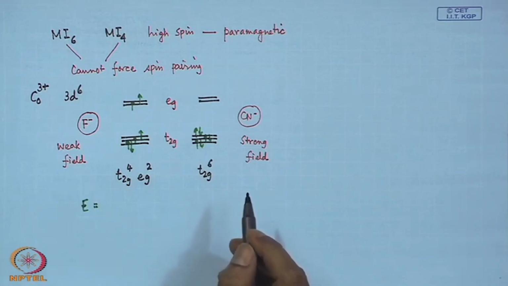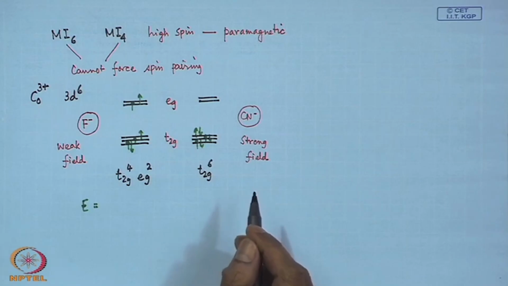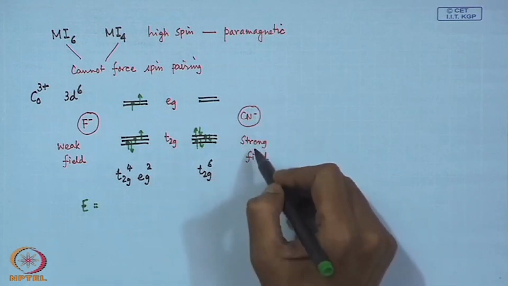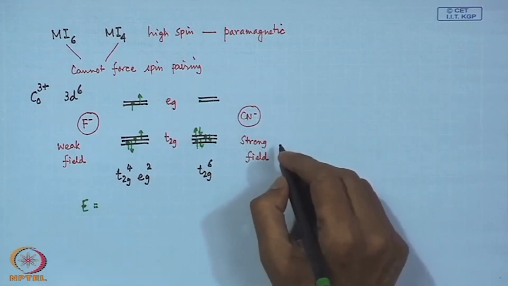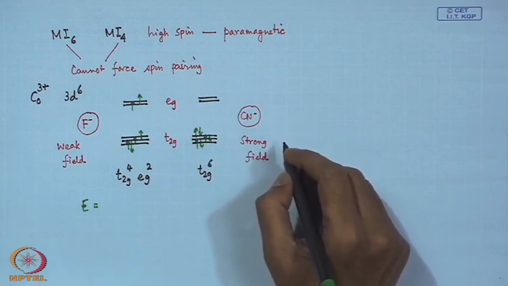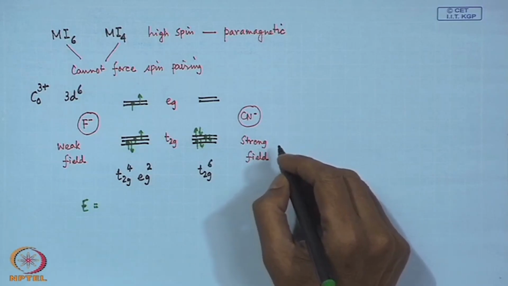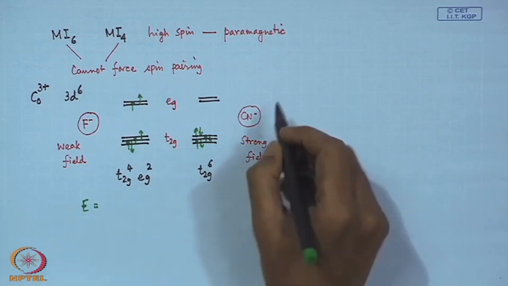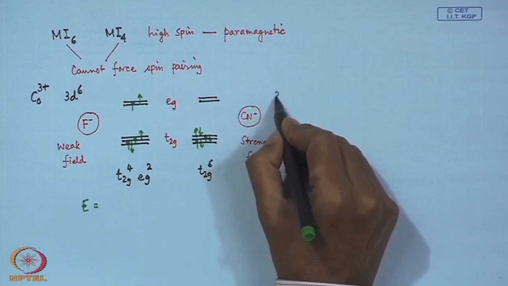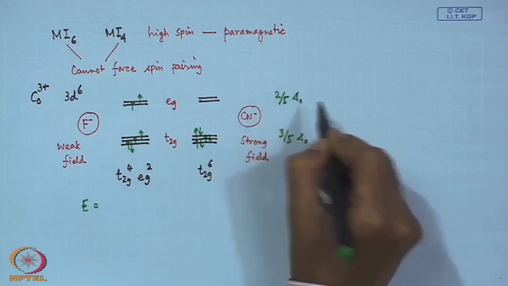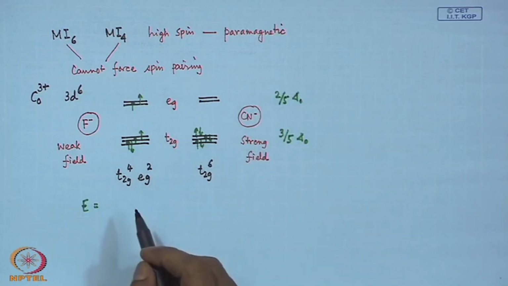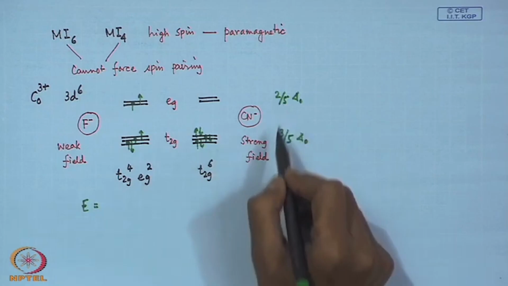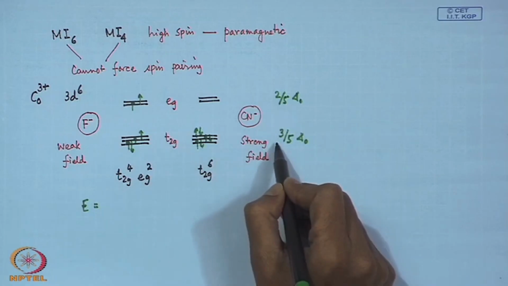As we have seen earlier, the t2g level is stabilized by 3/5 delta O, and the eg set by 2/5 delta O. So this 4 will be multiplied by this value and 2 by this value, and this stabilization is negative in sign.